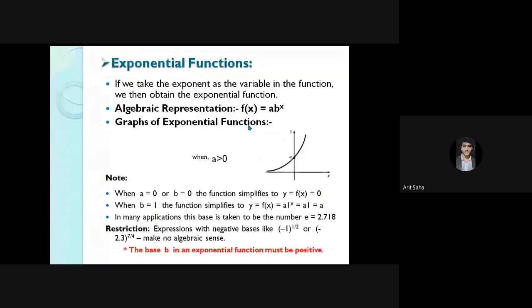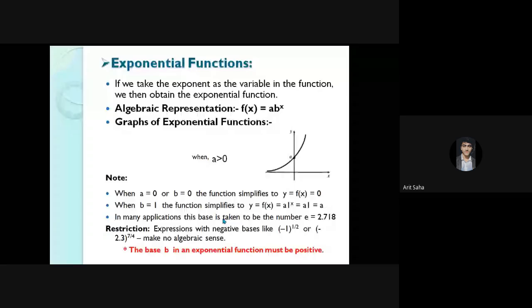It will not pass through the origin, because it will always give y equal to a, and in case of a negative, when a is less than 0, the graph is in the third and fourth quadrant. In this case, if we take a equal to 0 or b equal to 0, y will be strictly 0, and it will not create any curve but create the x-axis.